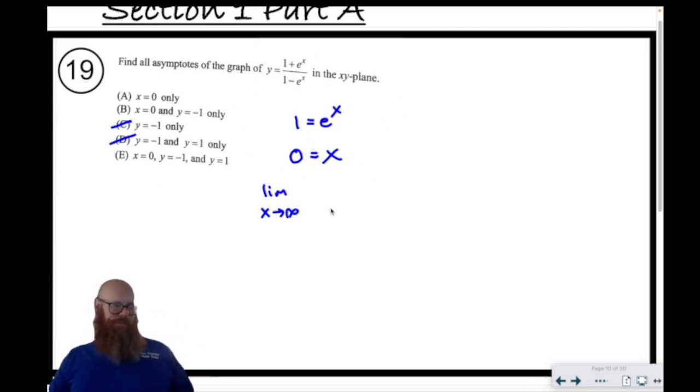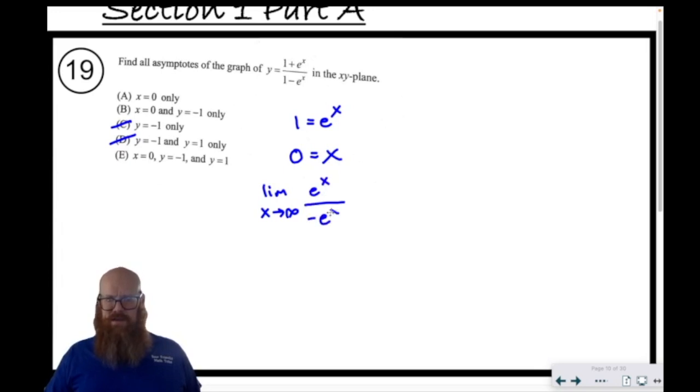That's an indeterminate form, so I can use L'Hopital. The derivative of the numerator is e to the x, over the derivative of the denominator, which is negative e to the x. The e to the x's cancel, and I just get -1. So y equals -1 has to also be an asymptote.